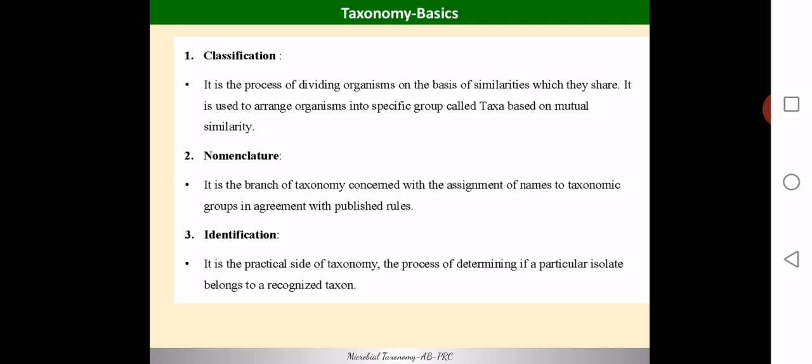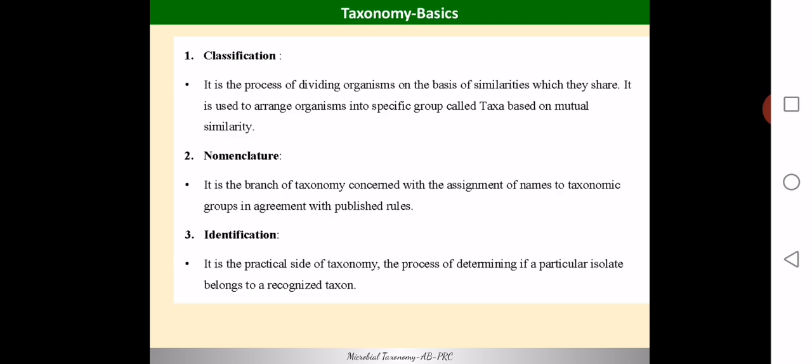Nomenclature is the process by which a name is assigned to a particular group. For that, there are certain rules and regulations that we will see later. Then identification is the practical side of taxonomy. When you have an isolate, an organism which is new, it will be identified first.